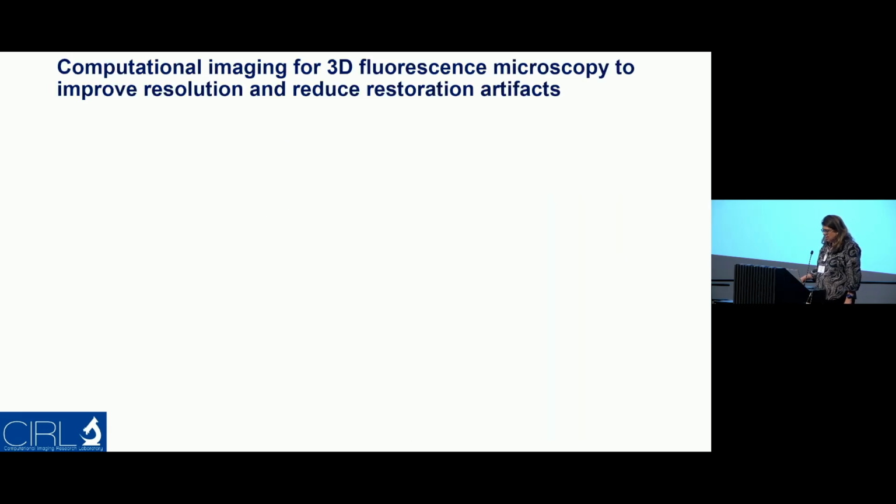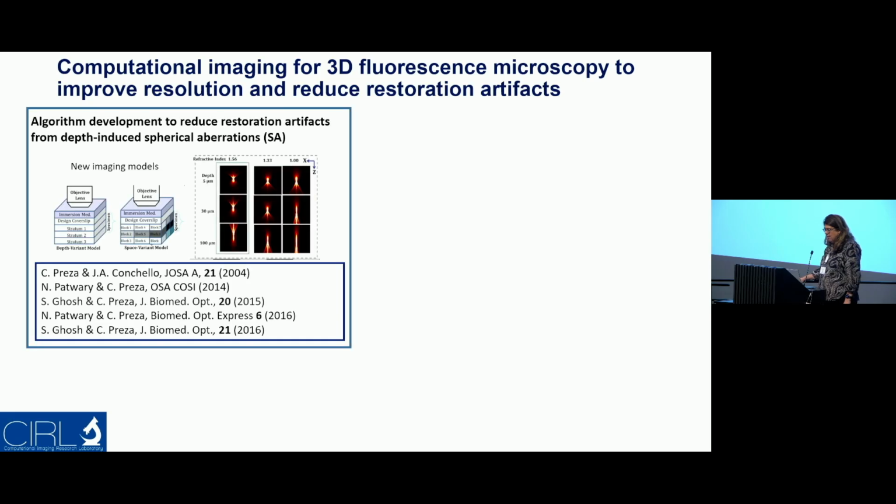So over the years, we've worked on developing algorithms to improve restoration results by reducing artifacts produced by depth-induced spherical aberrations when you're imaging deeper into a fluorescent sample. We did that by characterizing the point spread function variation with depth and then spatially, and we developed algorithms accordingly.